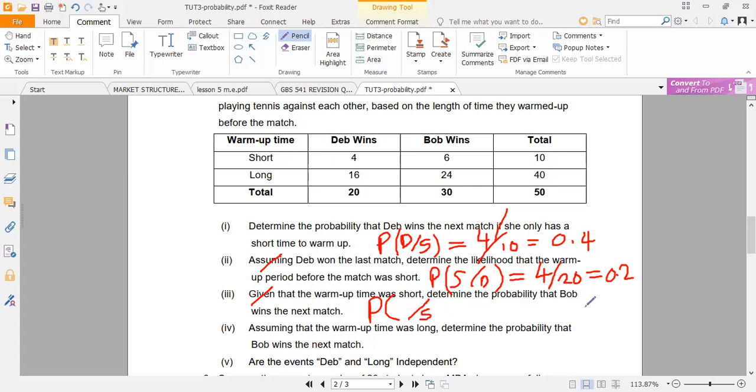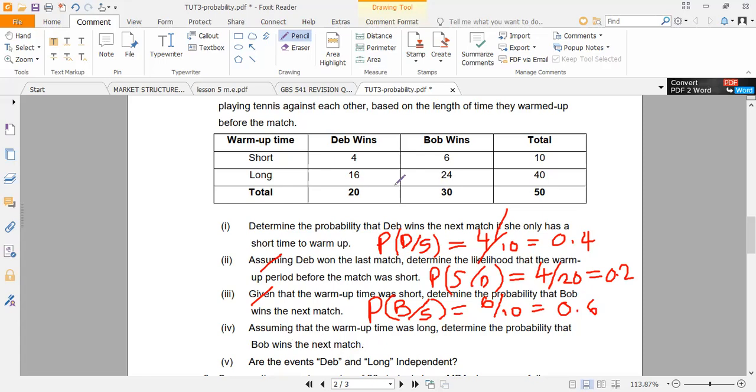Bob wins, so B. So where they meet is 6, over 10. What do we get? 0.6.